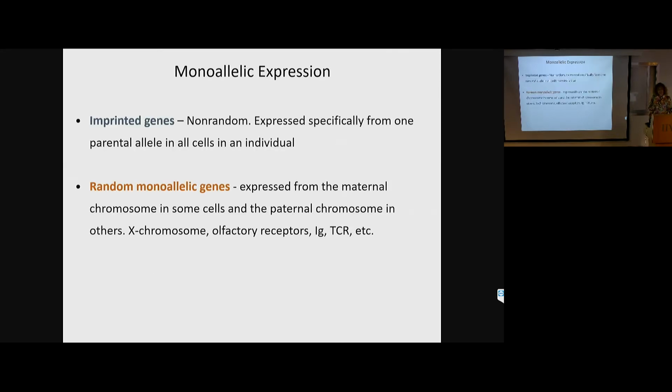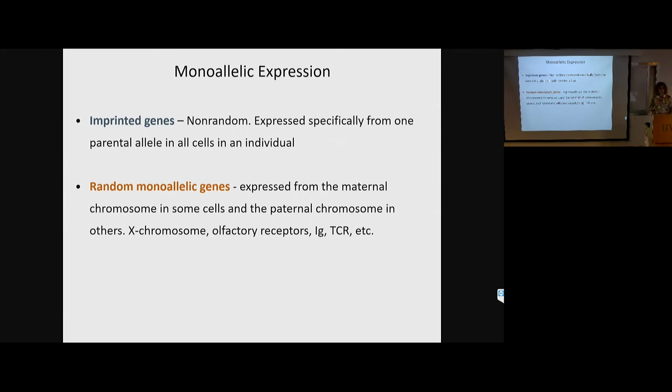And there are several types of monoallelic expressed genes. I'll just mention two of them. The imprinted genes, which are non-randomly expressed, they are expressed specifically from either the paternal or the maternal genome. And there are the random monoallelic expressed genes, which are expressed either from the paternal or from the maternal.